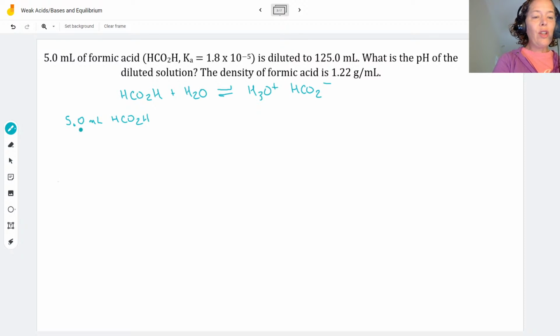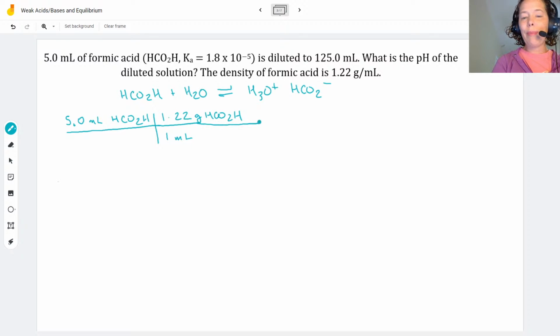My first thought is I've got to get to moles, because molarity is moles per liter. I have a volume of formic acid here. How do I get to moles from a volume? Well, I can't jump straight to moles, but I do have the density. So I can use the density to convert to grams. This is going to be 1 milliliter, and this is 1.22 grams of formic acid.